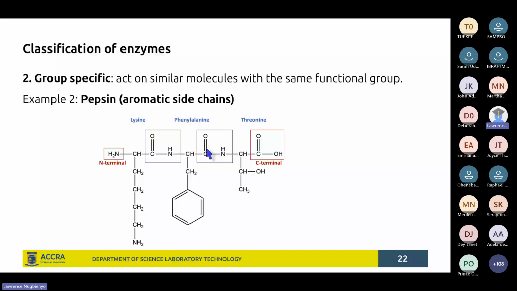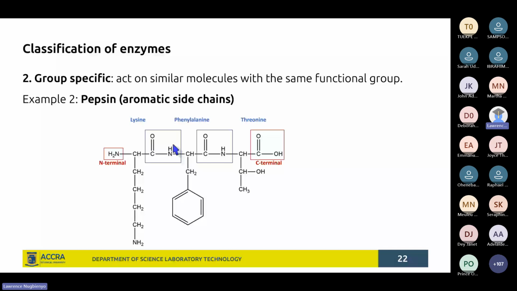which is phenylalanine. So this is phenylalanine. The side chain is this aromatic chain, the aromatic ring, which you see there. There's a carboxylic acid group, the C terminus of it, and you have the N terminus, the amine group end of it.